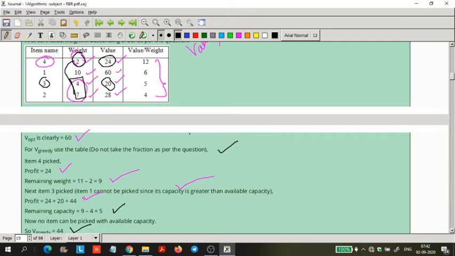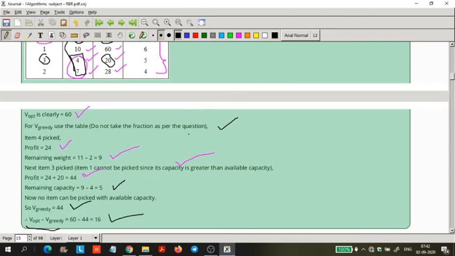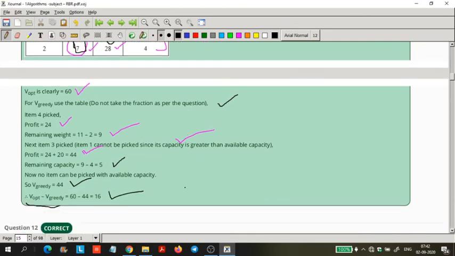So 24 plus 20 is 44. The remaining capacity is 9 minus 4. So optimal minus greedy is 16. Okay.